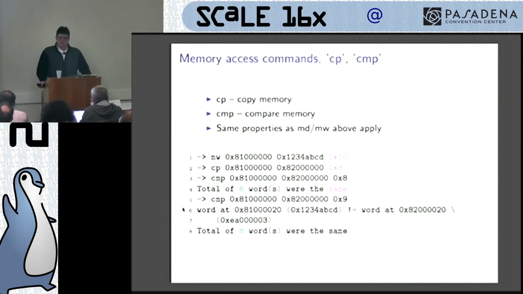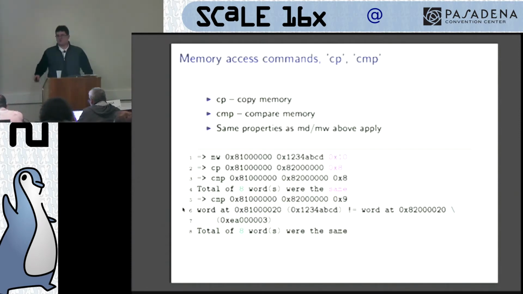Okay. Last two commands which are kind of useful. cp is memory copy. The same thing applies as on the memory dump and memory write. And cmp is memory compare.